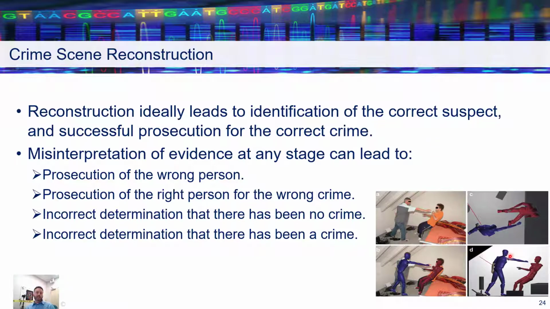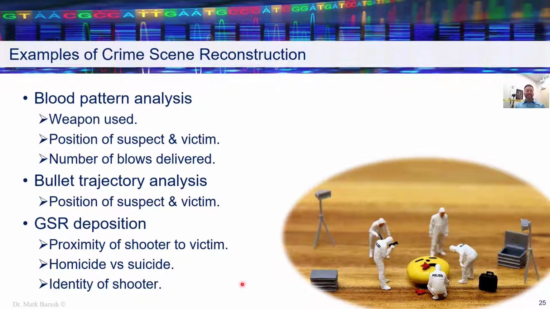And here, advanced technologies such as 3D scanning and image analysis can also be very helpful for crime scene reconstruction. Overall, reconstruction is a complex process that involves the use of inductive and deductive reasoning, probability, statistics, and part analysis, among many other disciplines.